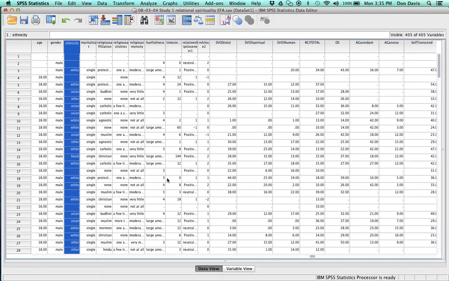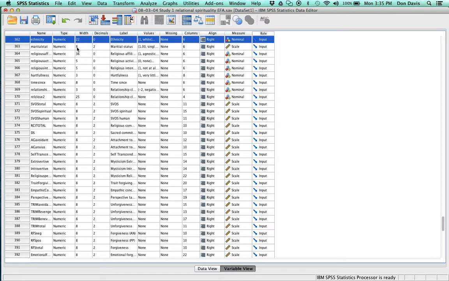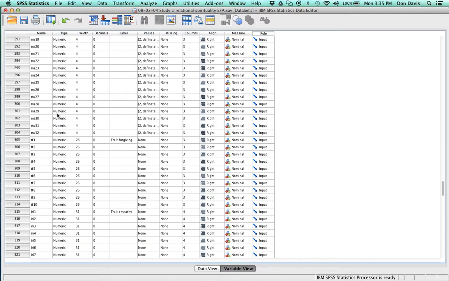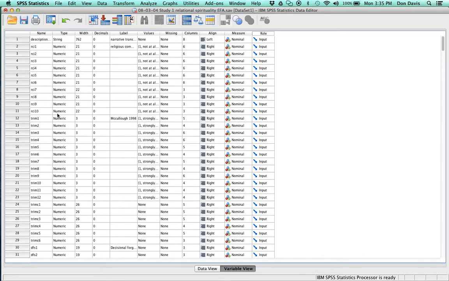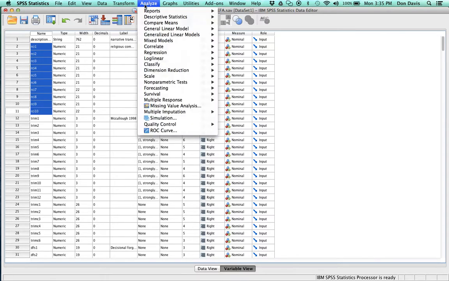So I can give you an example of that. I happen to know this RCI-10 is a religiosity measure. So let's calculate the alpha for that.